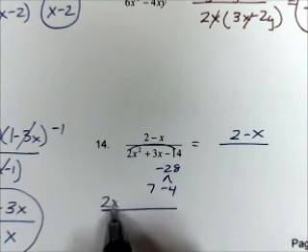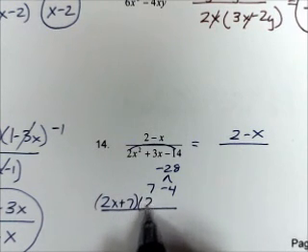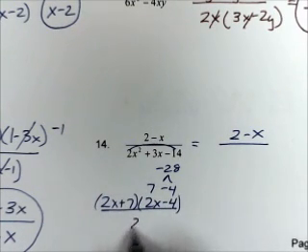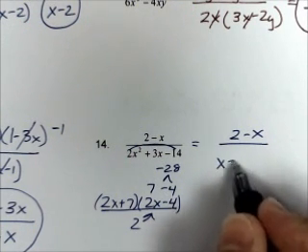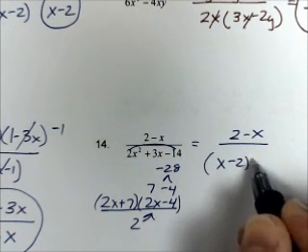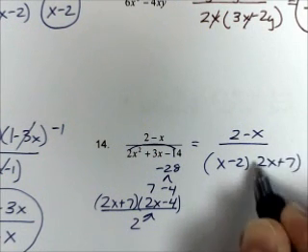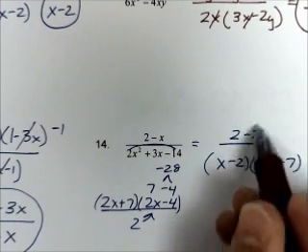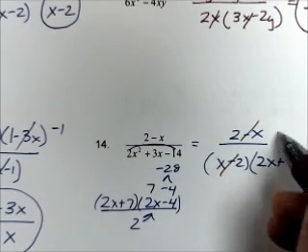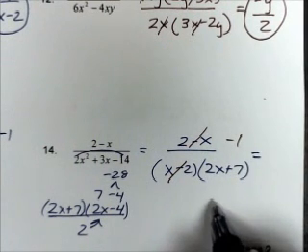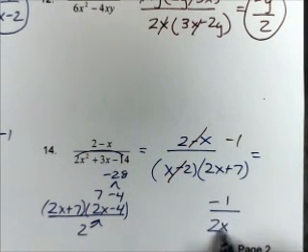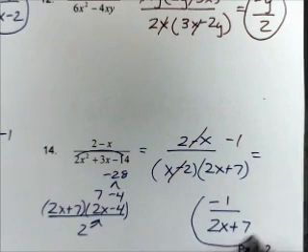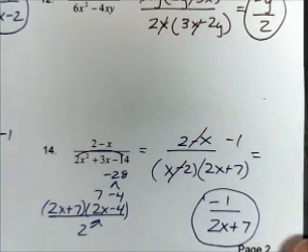Fraction bar, 2x plus 7, 2x minus 4, all divided by 2, and 2 goes into 2x minus 4, x minus 2 times, and our other factor, 2x plus 7. 2 minus x and x minus 2 are opposites, divide out. So this is equal to -1 over 2x plus 7. Okay, so that was just simplifying.